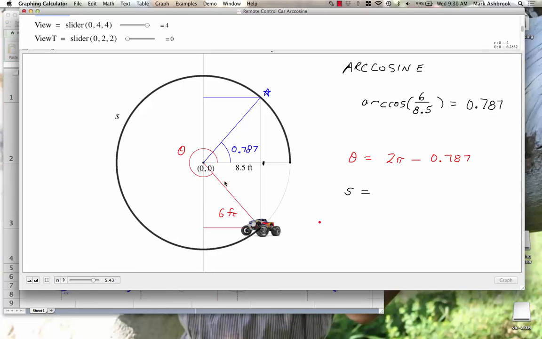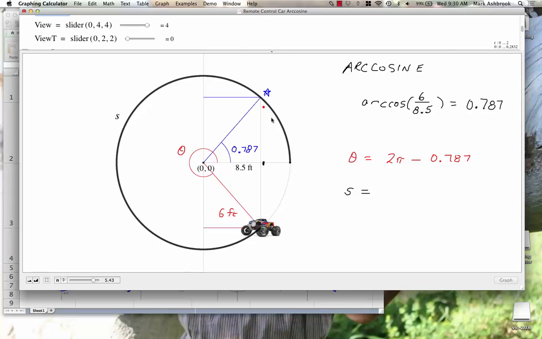Can you find it by first finding S and then theta? No, S is going to come from theta. Oh, I found it without getting theta. I got the same answer for theta too. Okay, tell me what you did. First you figure out this S here.